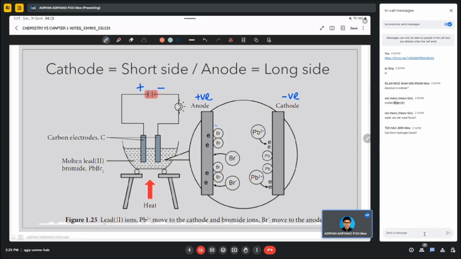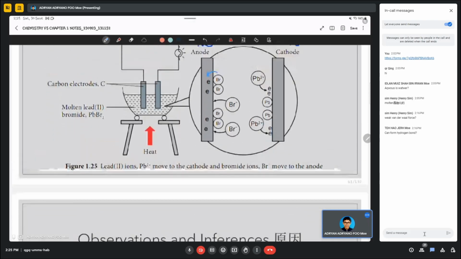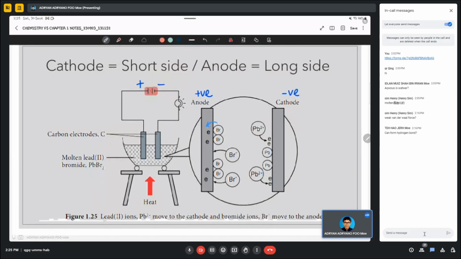Where will this electron go? It flows to the cathode. And you need to know, if you have studied physics, you will remember that current flow is opposite to electron flow. So remember: from long to short is the current flow, and electron flow is the reverse.